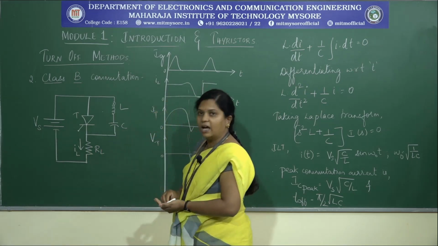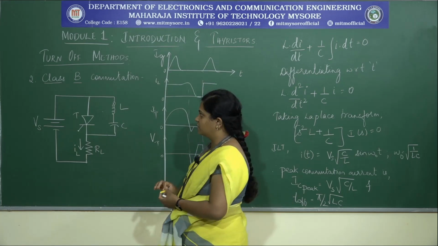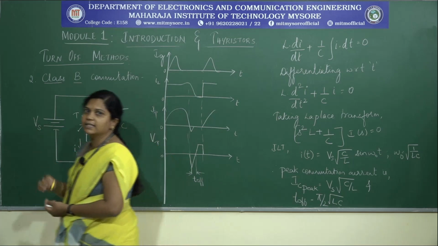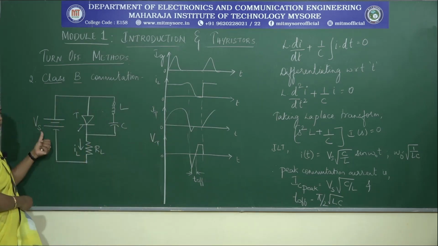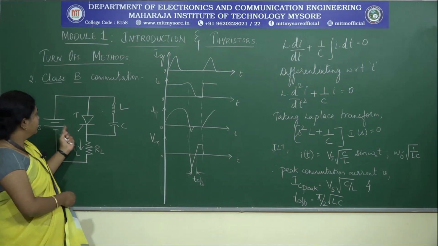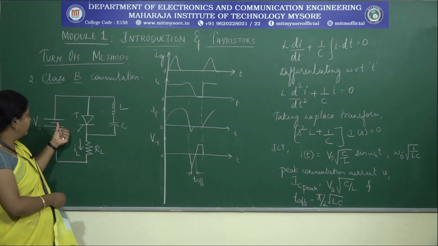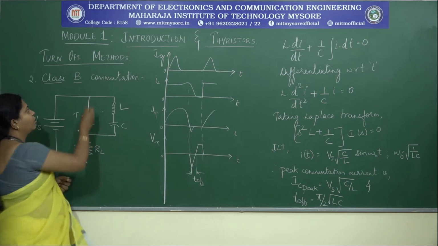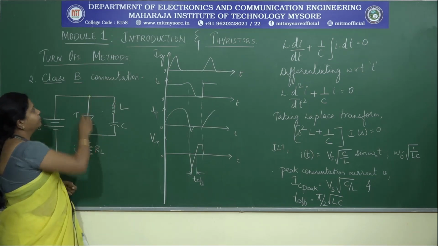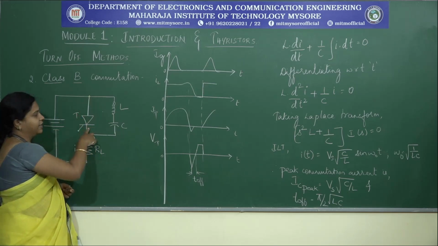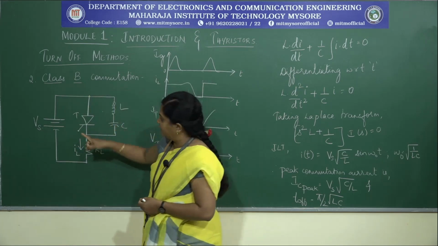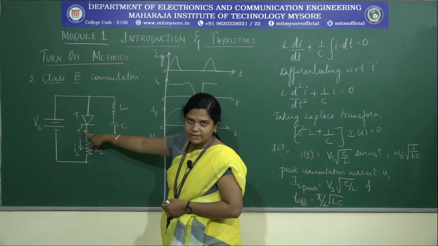Now let us see how the working of the circuit goes. Initially, when the voltage Vs is given to the circuit, the applied voltage can follow two paths. You can see here there are two branches. In this branch, the current will flow once the thyristor is activated by providing the gate pulse.